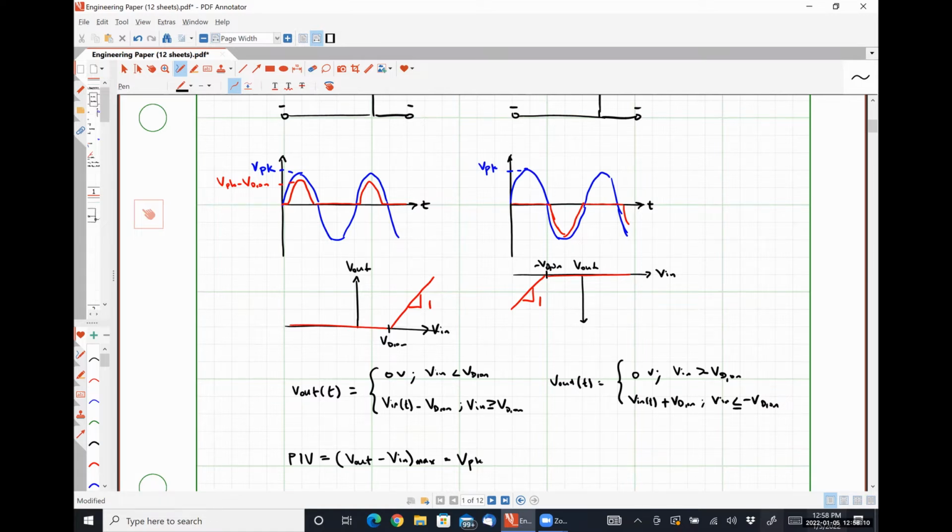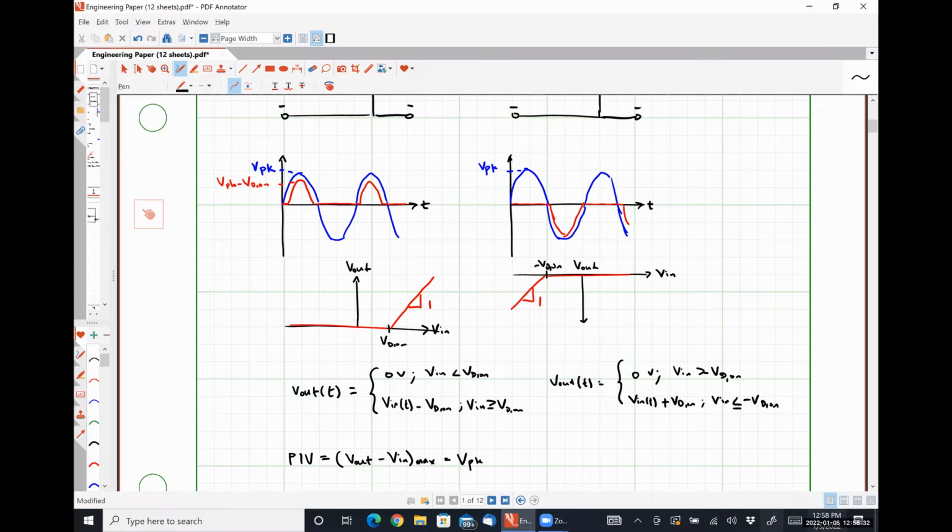Okay. So that means that we need to choose a diode where the breakdown voltage is greater than or equal to the peak voltage it sees. Otherwise, we're going to wind up pushing it into a breakdown that we don't want. We're going to get negative conduction, right?